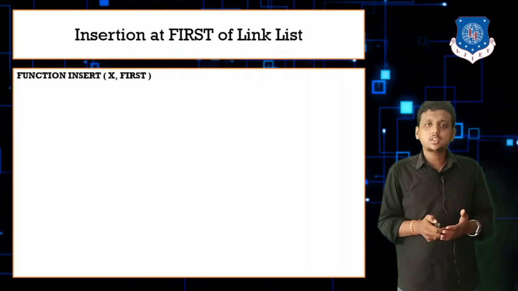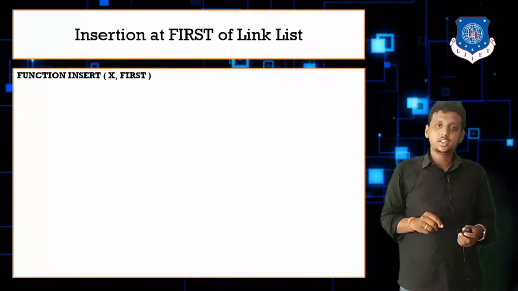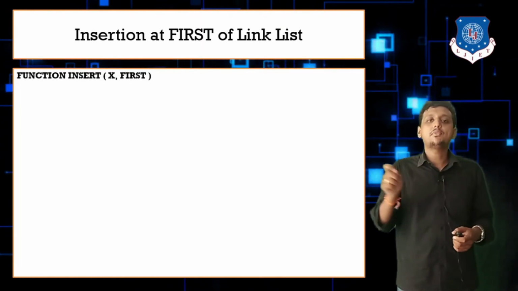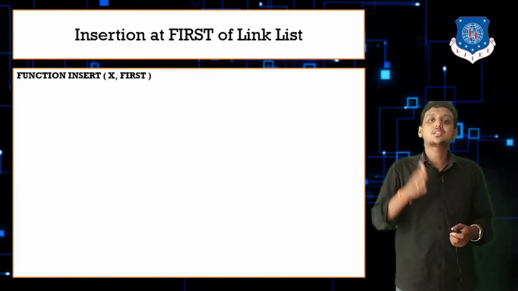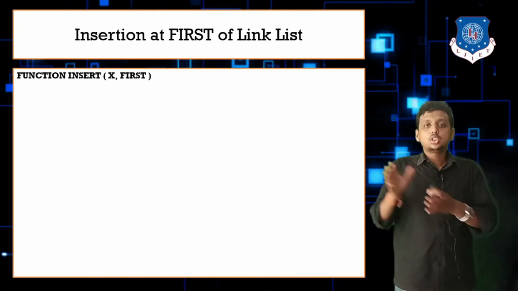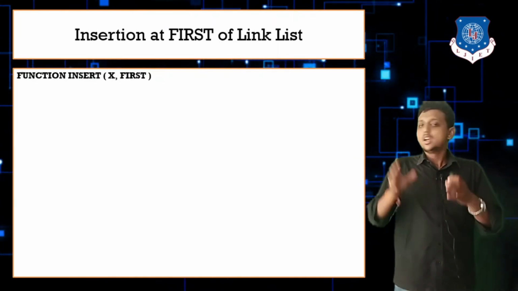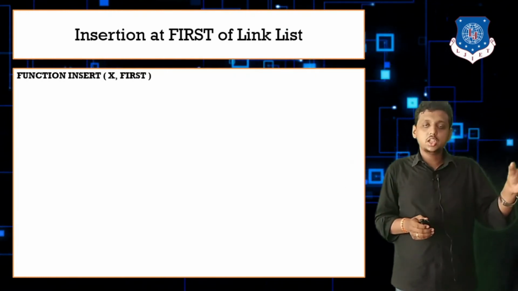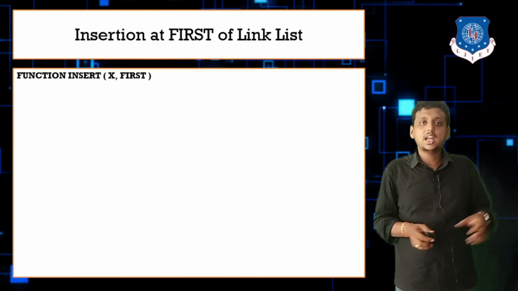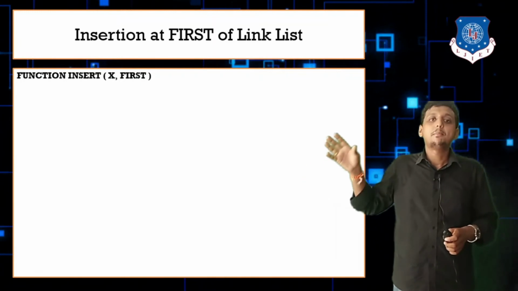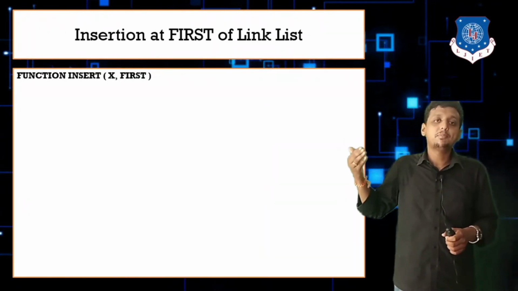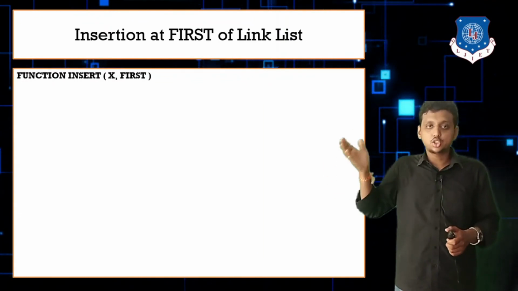Who has the address of the first node? The first pointer. That's why in the parameters, students, I have x comma first with me. So the whole algorithm name becomes function insert x comma first. I have written function over there because this algorithm is going to return the value or the pointer address of the first node.